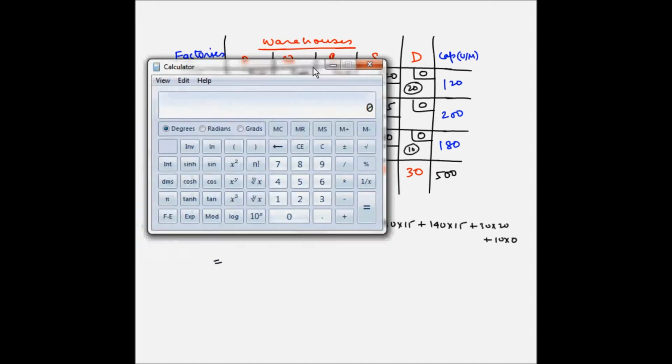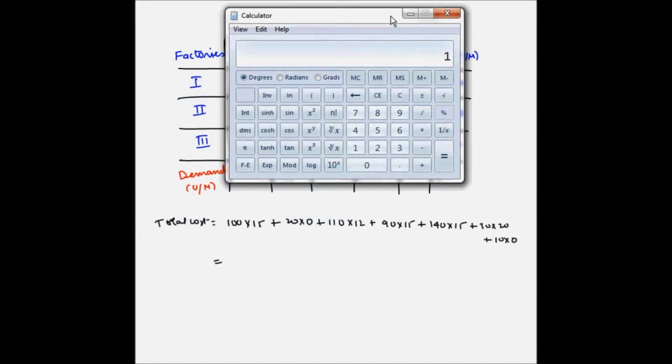So let me pull my calculator to calculate this. So it is 6870.